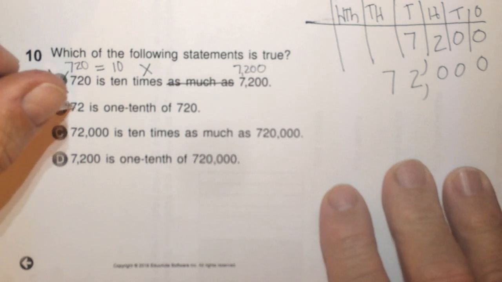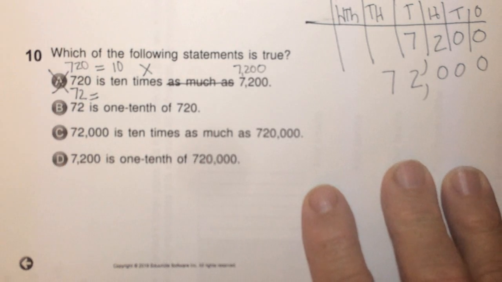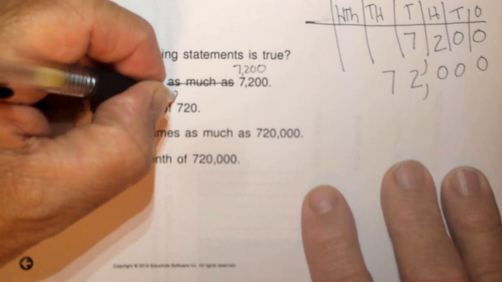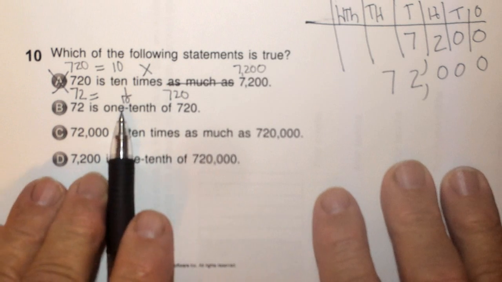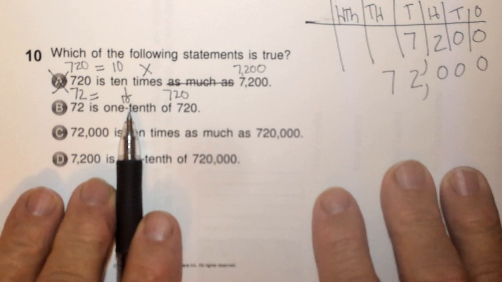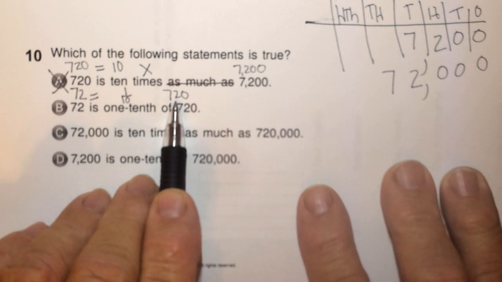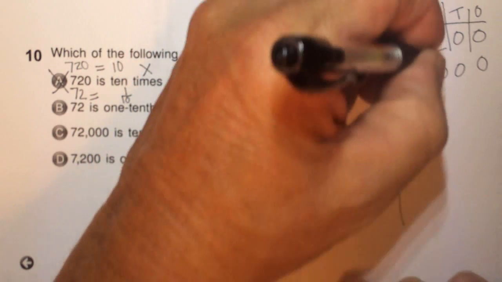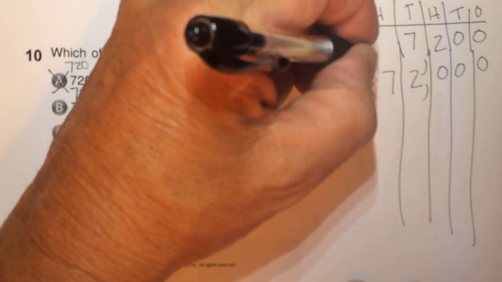So we do the same thing with this one. 72 equals 1/10 of 720. So which one do I have two things going on on the same side of the equal sign? It's this one. So I'm doing 1/10 of this. So I start with 720 in my place value chart. I'm just going to extend it down so I can keep using it.